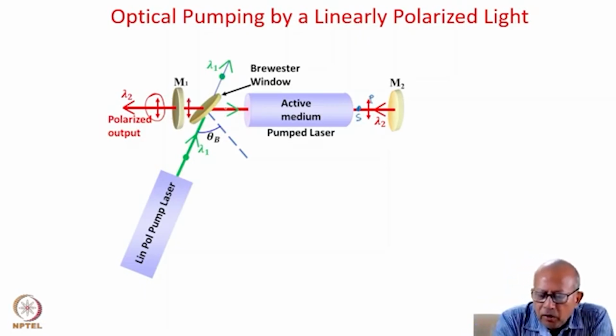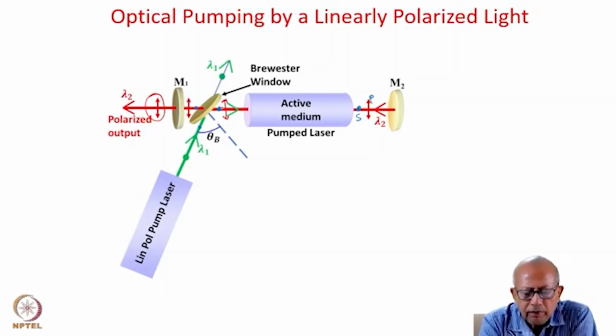Now, as this light shines onto this Brewster plate at Brewster angle, the S polarization, a part will be reflected and the rest will be transmitted, while the P polarization will be totally transmitted because it cannot undergo any reflection at the Brewster angle.